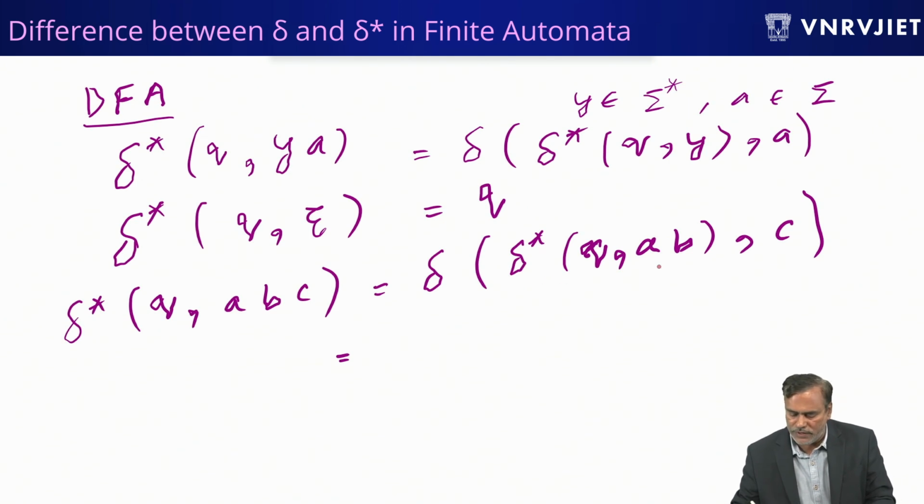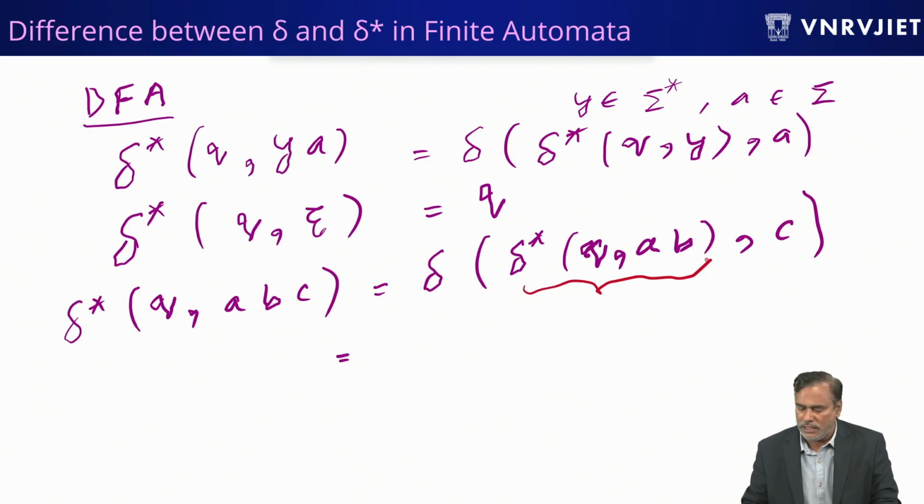Now in a similar fashion, how have you written this delta star of Q, ABC? You can write delta star of Q, AB, and the rest of the part as it is.